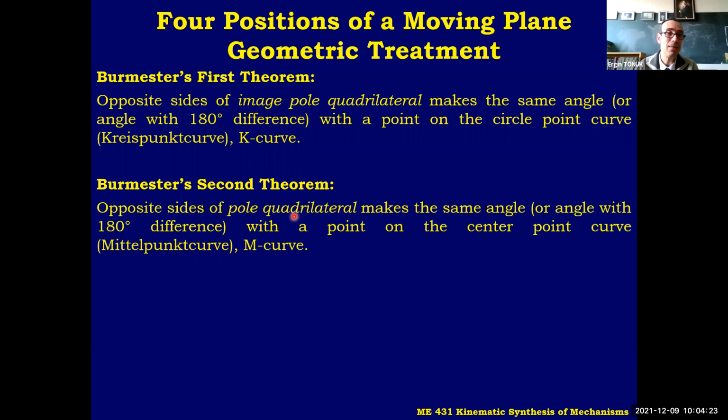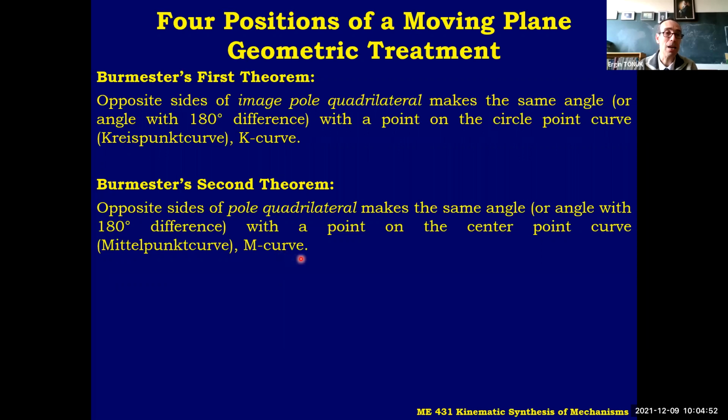Number one, there is a one-to-one correspondence between the points on the circle point curve and the center point curve. That is, say you select an A1 on the circle point curve. Then there is a single corresponding A0 on the center point curve.